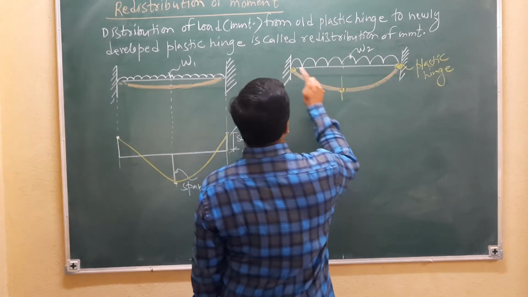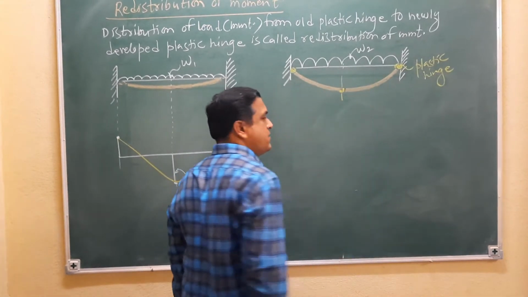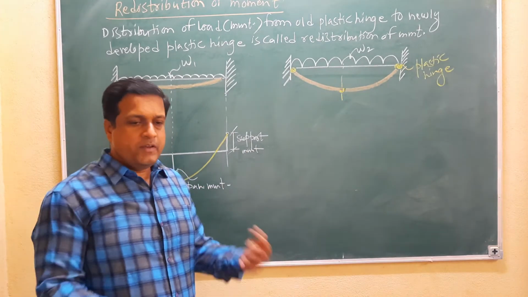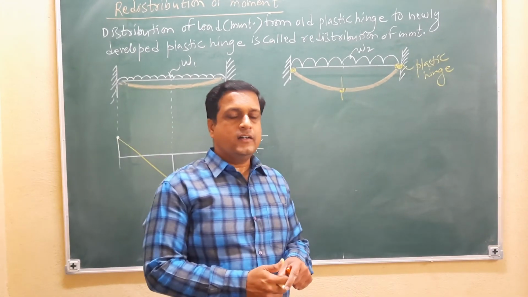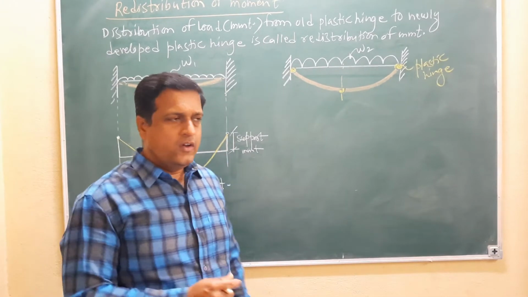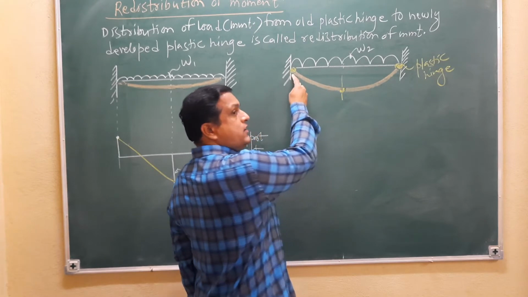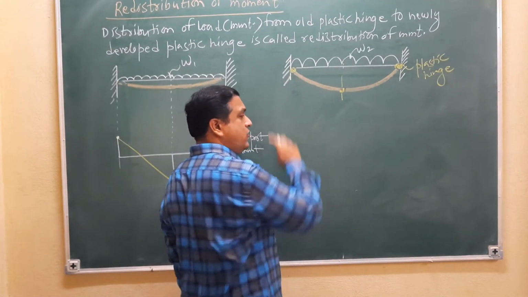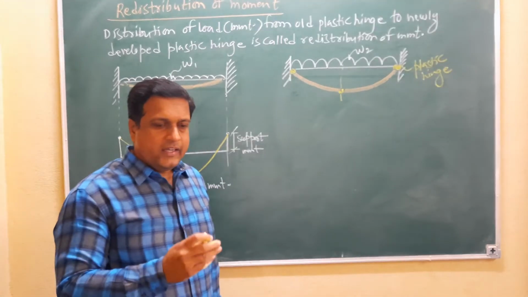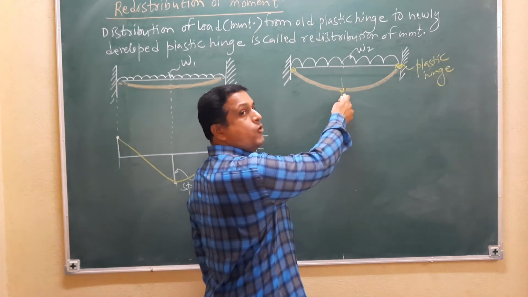And this is the newly developed plastic hinge. So before failure, how does the fixed beam behave? At this joint, before failure, it transfers the load to this newly formed hinge.